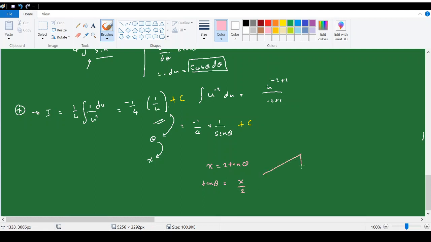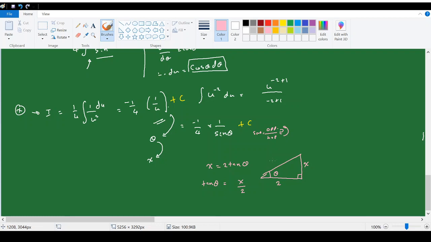Now if we have a right angled triangle and if we have theta like this, and if this is the right angle, tan theta will be the opposite side divided by the adjacent side. And here to find sin theta we need opposite divided by the hypotenuse, right? So this is equal to sin theta, and 1 over sin theta will be the reciprocal of this one.